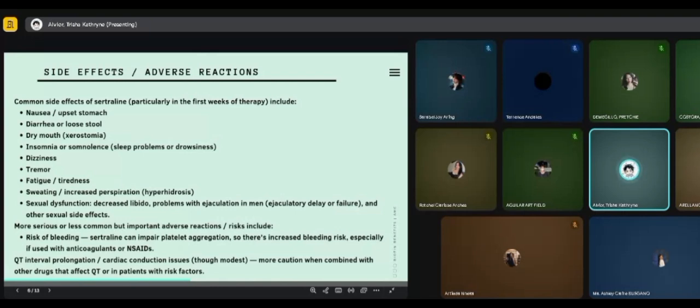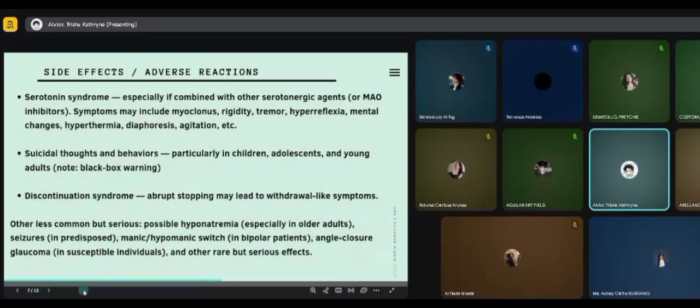More serious or less common but important adverse reactions or risks include risk of bleeding. Sertraline can impair platelet aggregation, so there's increased bleeding risk, especially if used with anticoagulants or NSAIDs. QT interval prolongation or cardiac conduction issues, though modest.